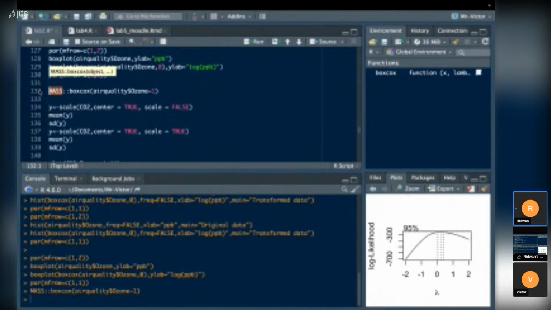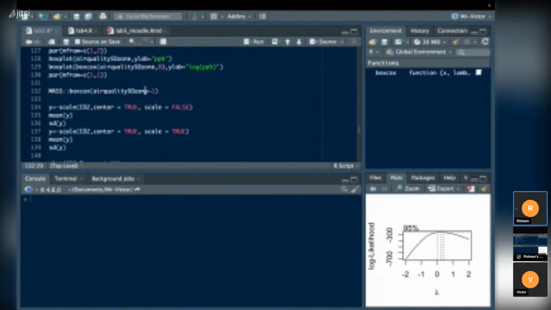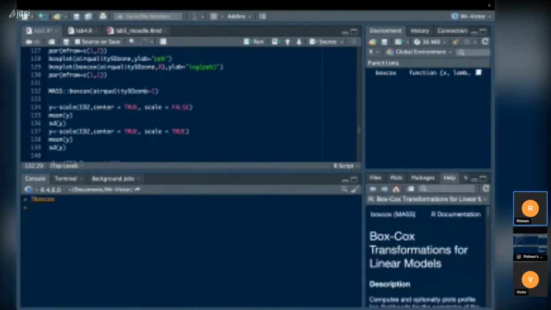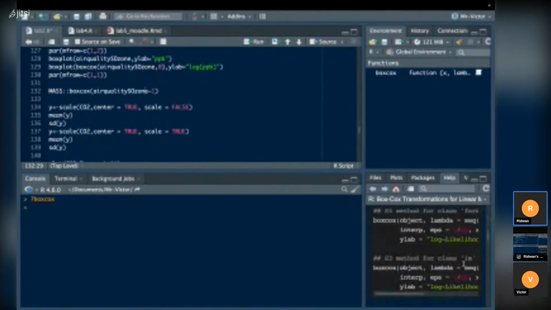So now boxcox takes your data. If you look at it now, boxcox.